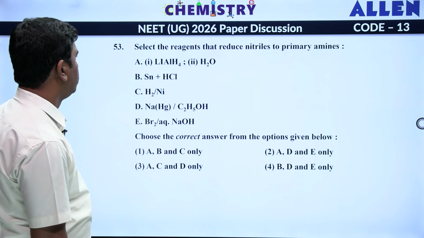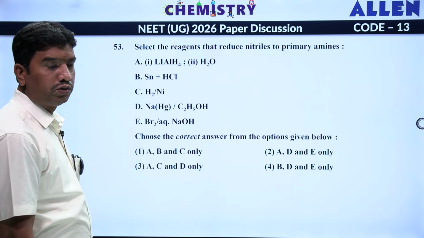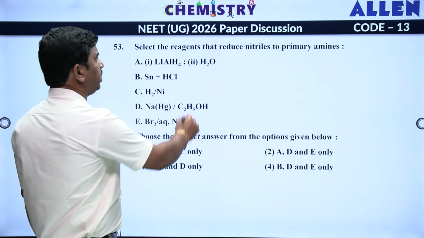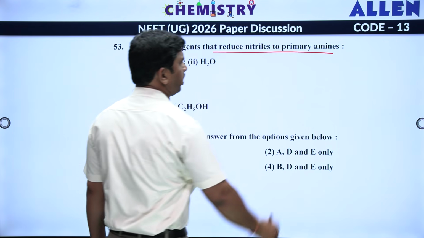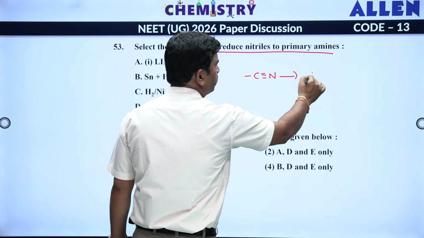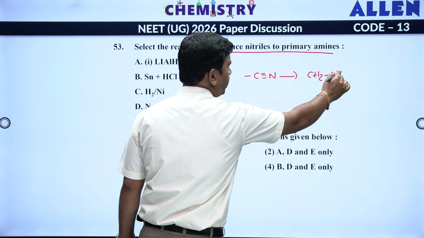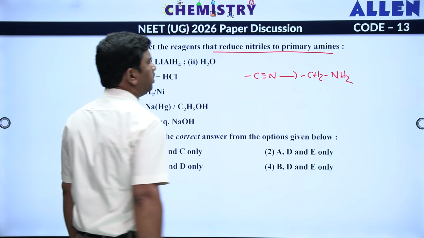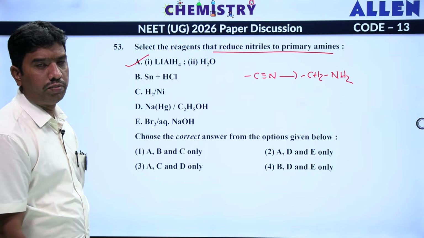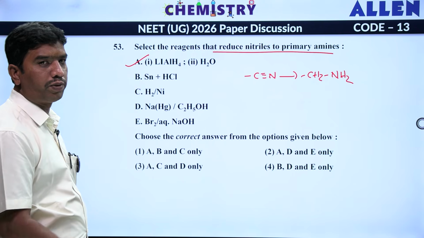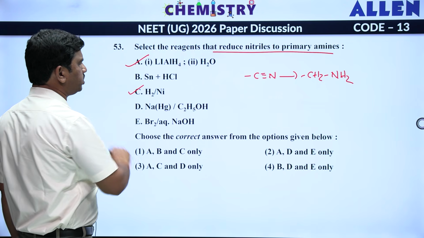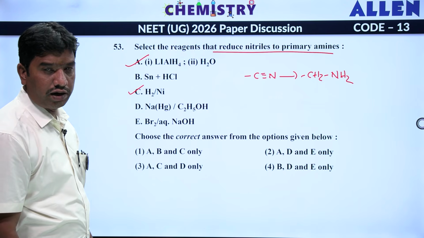Next question. This is one of the questions from organic chemistry, second year, and they are asking nitriles to primary amine, that means cyanide converted to primary amine, CH2NH2. If you use a strong reducing agent like lithium aluminum hydride, it can reduce a cyanide to primary amine. And the third one, hydrogen with nickel, is catalytic reduction.